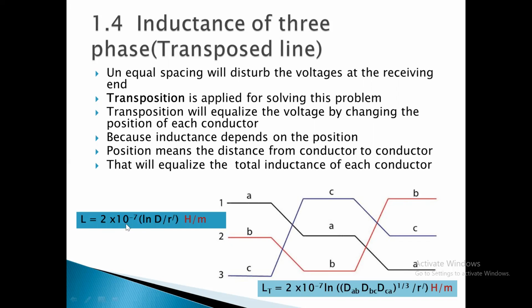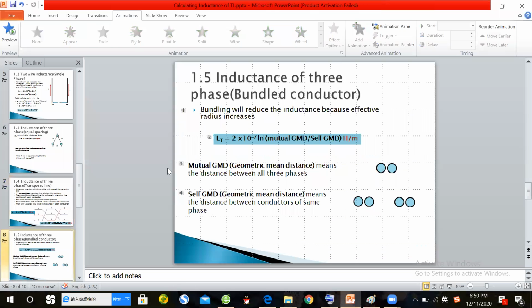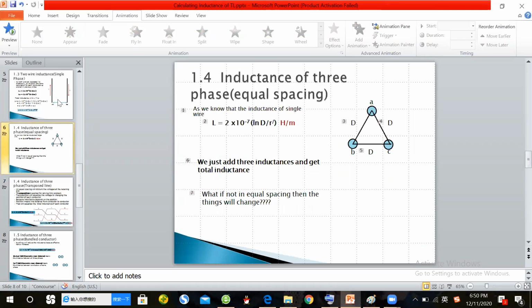You just have to remember this one: 2 multiplied by 10 to the power minus 7 natural log of d divided by r. But what happened here? Here are three distances, not one. So we have to include these three distances, A to B, B to C, and C to A, so 1 divided by 3. Here it is 1 divided by 1, so you cannot see it. Now this is the case of a single conductor. Now I will compare it with the two conductors formula.